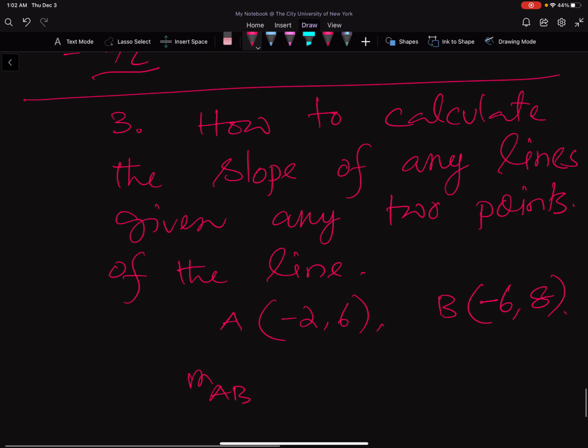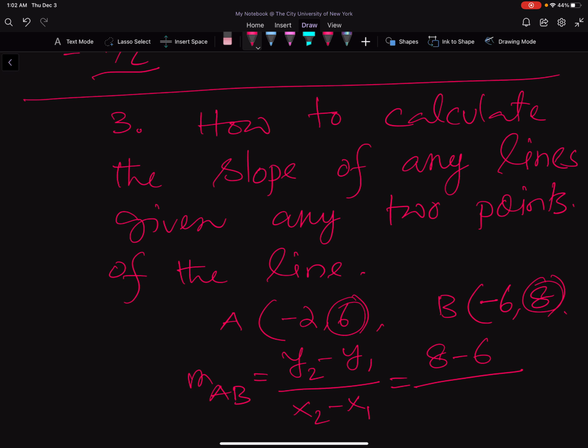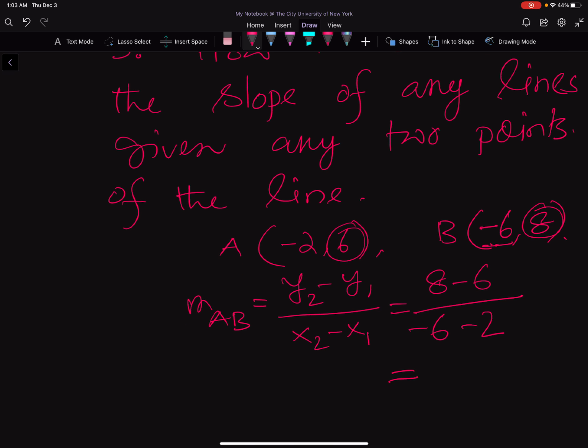The slope of AB equals y2 minus y1, which is rise over run, the change in y and the change in x. So y2 is 8 minus y1 which is 6, and x2 is -6 minus x1 which is -2. Different signs we subtract, same signs we add. So we get 2 over -8, which is -1/4. This is the way we calculate slope.